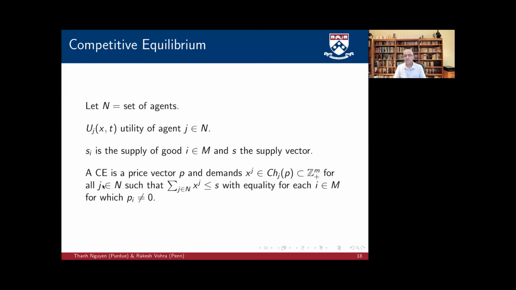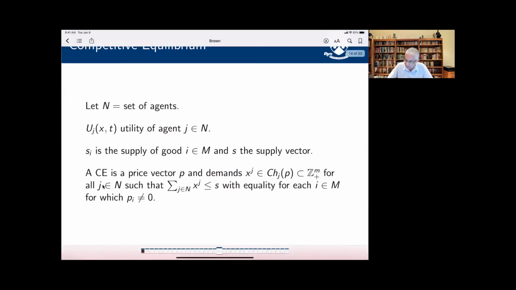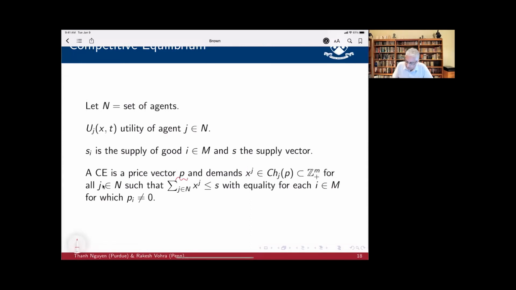A competitive equilibrium is a price vector p and demands, which live in your choice correspondence, which are integer vectors, such that total demand is less than or equal to total supply, with equality for any good with a non-zero price.